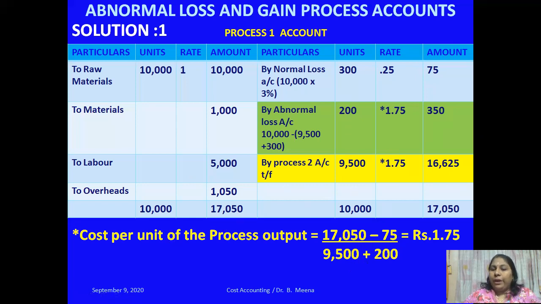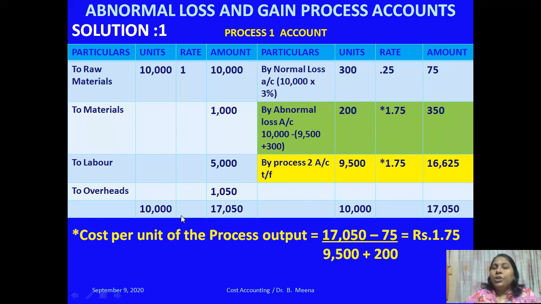So 9,500 plus 200, what is my cost per unit? 1.75. This cost per unit 1.75, I will apply for my abnormal loss. 200 into 1.75, 350, and 9,500 into 1.75, 16,625. So this is the way you come to know how I prepare the process account when I have an abnormal loss.